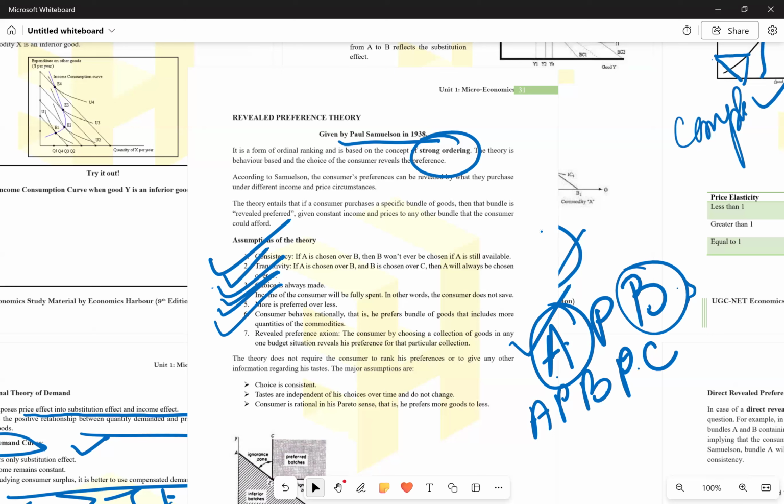Okay. Then there is the revealed preference axiom, which means the way the consumer spends his budget will determine his choices. There are people who would rather invest more in education than in any other luxurious item.